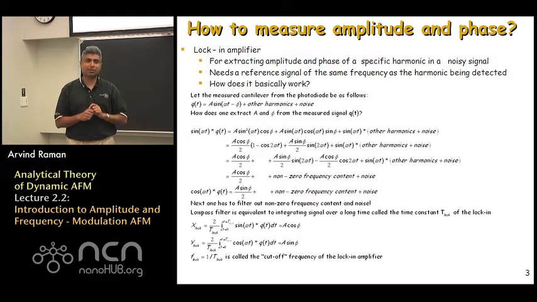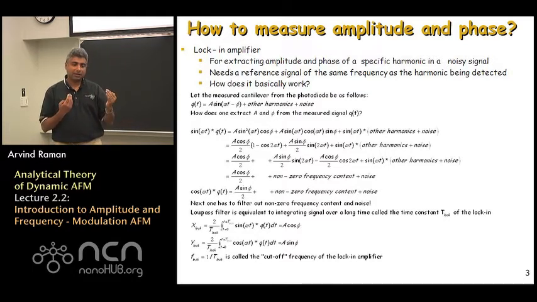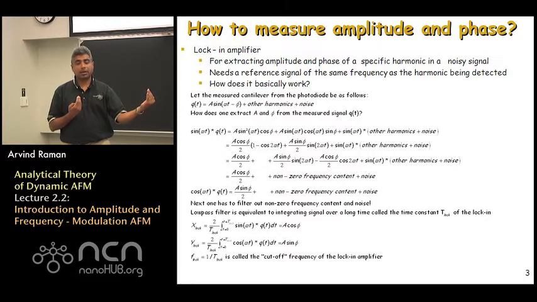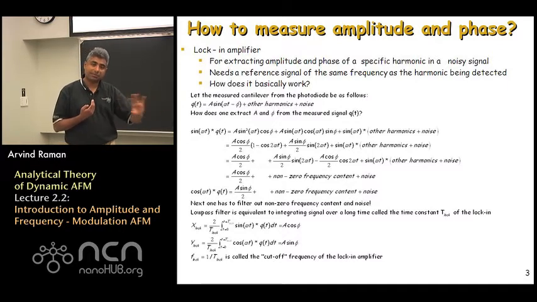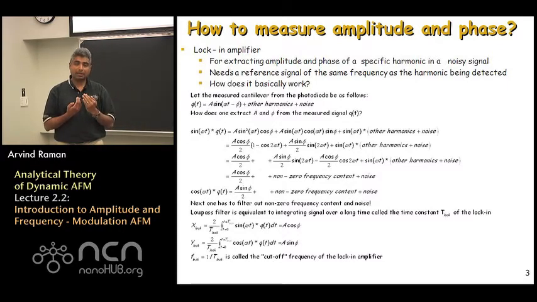Now, an important feature of a lock-in amplifier is this lock-in time constant. The longer the lock-in time constant is, the more effectively it throws out noise and frequencies. The shorter the lock-in time constant is, the faster it responds, but it's not as effective at rejecting noise in this product signal.